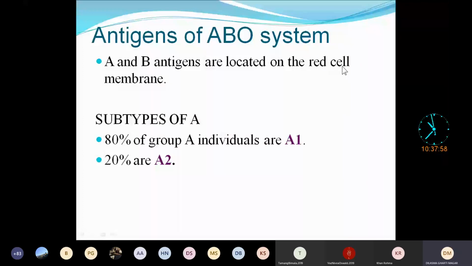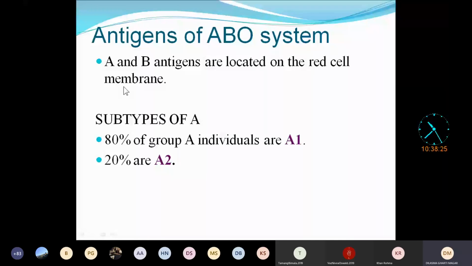So the RBC has a membrane, isn't it? You have finished anemia, isn't it? So there, on the surface of the RBCs, what is there? You did not study these antigens, but the RBC membrane is there, and you must have understood by this time.